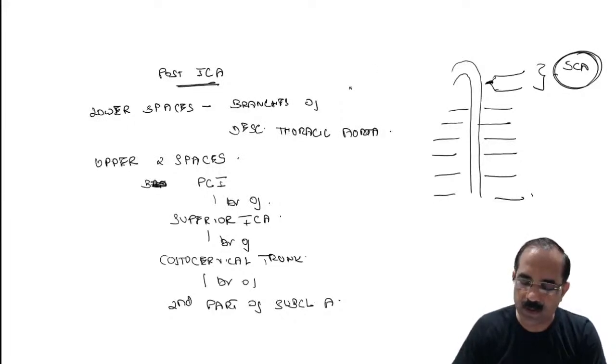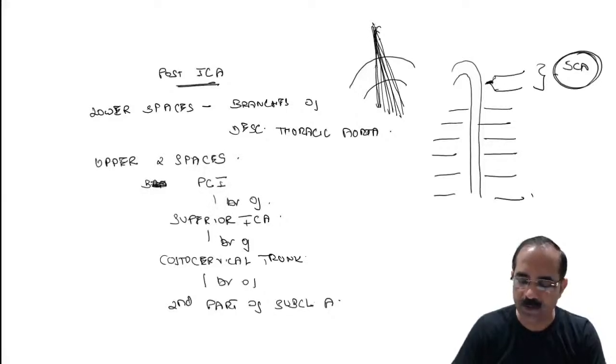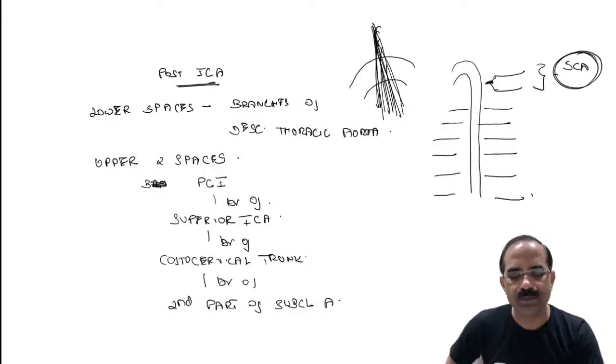You know students, this subclavian artery is divided into three parts by whom? ये जो subclavian artery है ना, इसके तीन parts होते हैं. It is divided into three parts. By which muscle? Can you tell me? Anyone?